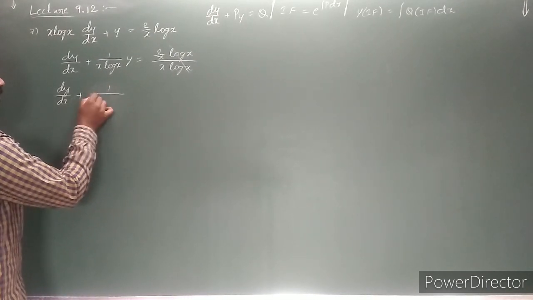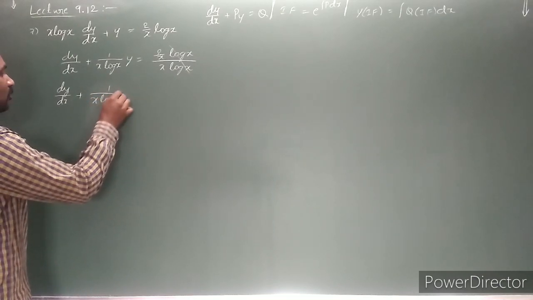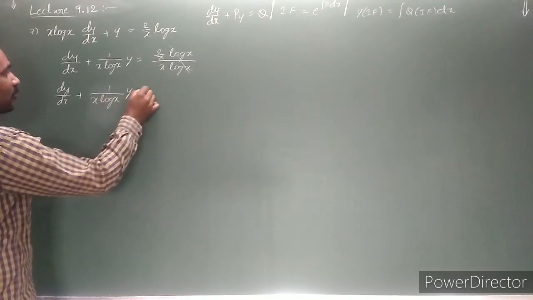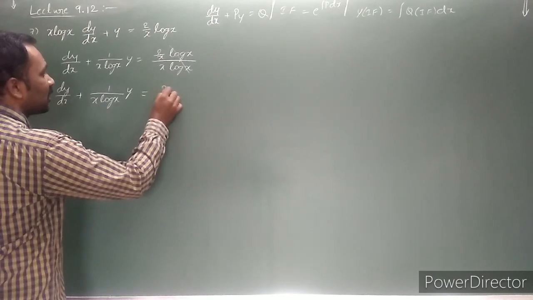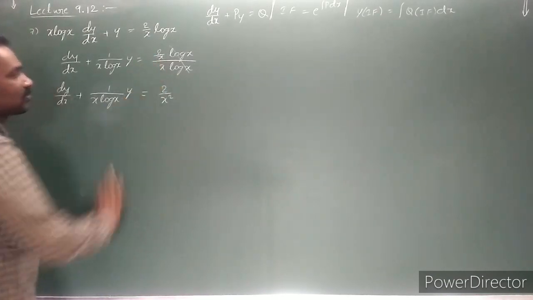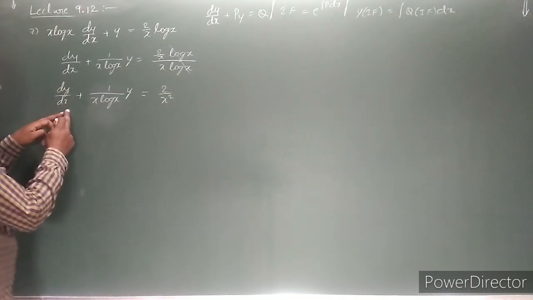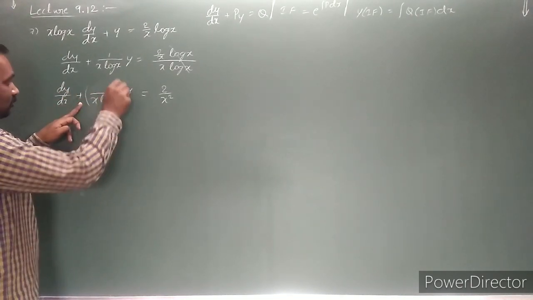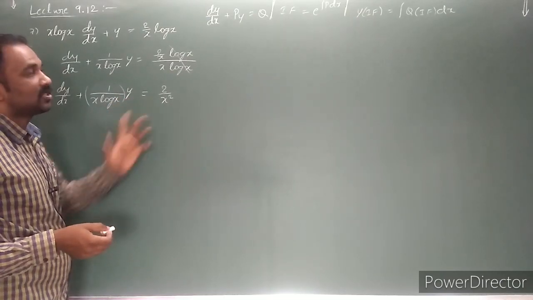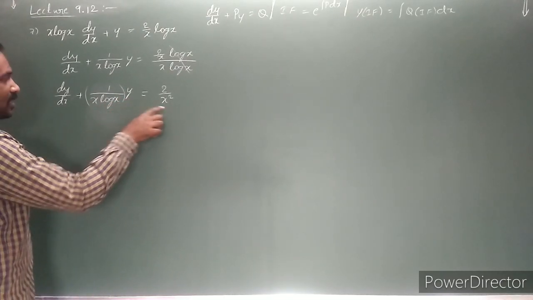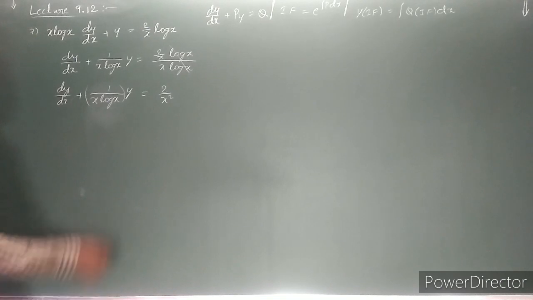Later on you can rewrite it as x log x times y equals 2 divided by x squared, since x is taken to the denominator. Now it is the standard form dy/dx + Py = Q, where P and Q are functions in terms of x.